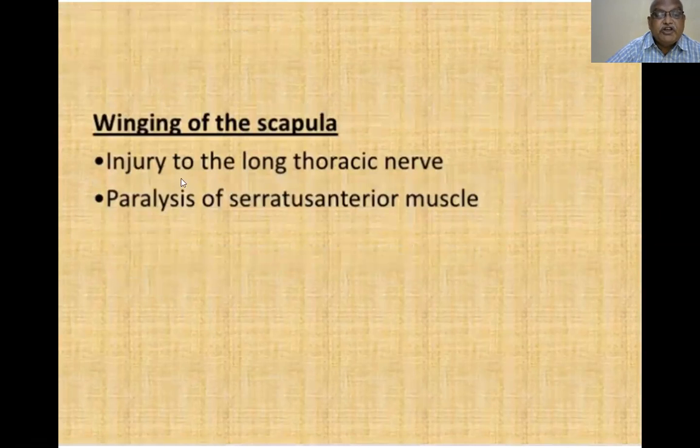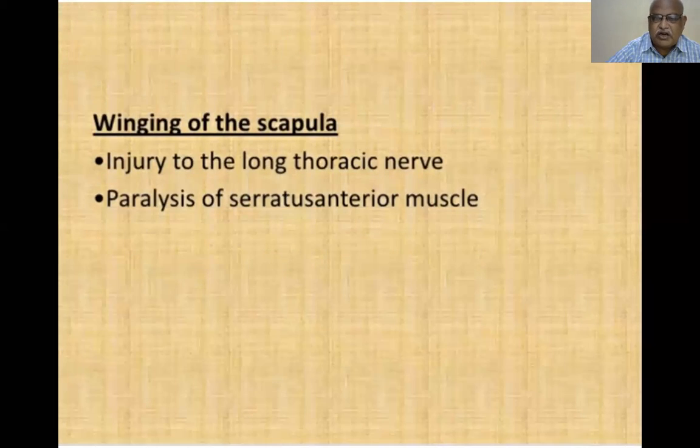Winging of scapula: injury to the long thoracic nerve, paralysis of serratus anterior, because serratus anterior is otherwise called the boxing muscle. This muscle is supplied by the long thoracic nerve, which has root values of C5, C6, C7, C8 and T1. I will show you the long thoracic nerve.